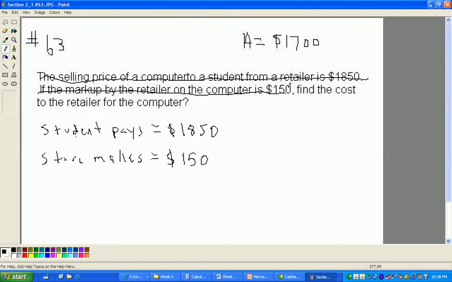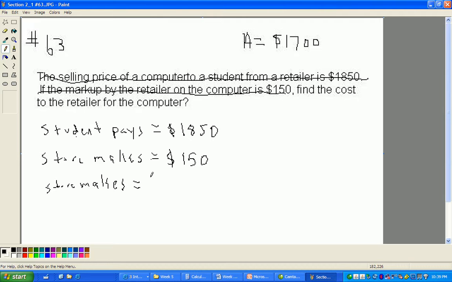So now we can go and put an equation in our own words, right? We know that the store makes the cost that the student pays, right?